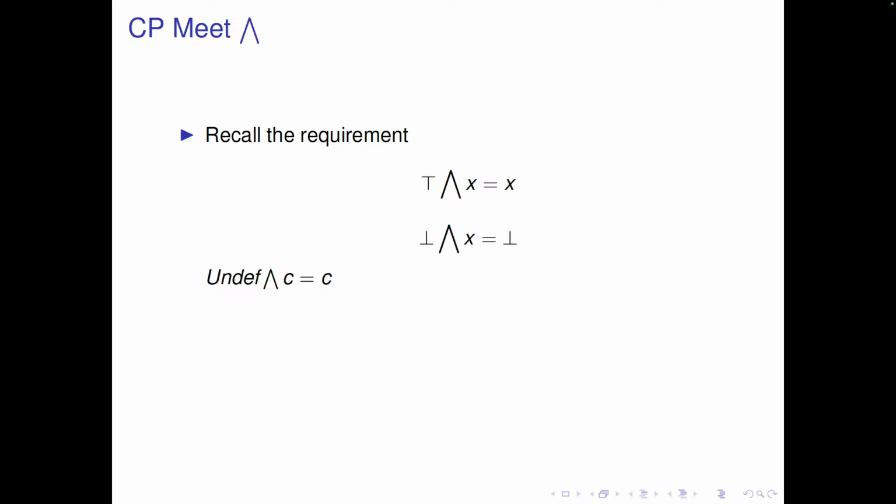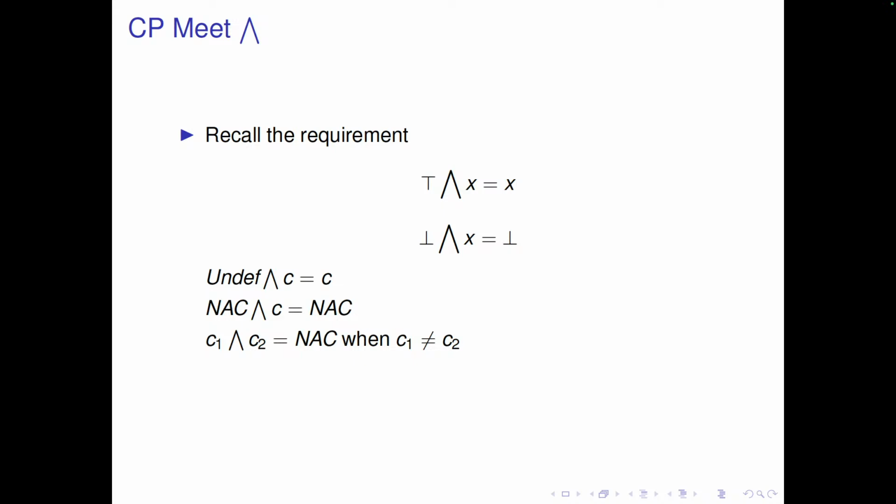So undef, when it meets with C, becomes C. It behaves like a constant. But something discovered as not a constant on one path, when it meets with a constant, you still have to say it's not a constant. X cannot be a constant because on this path it will anyway remain not a constant. Okay. Now C1 and C2: on one path you have discovered constant 1, on another path you have discovered constant 2.